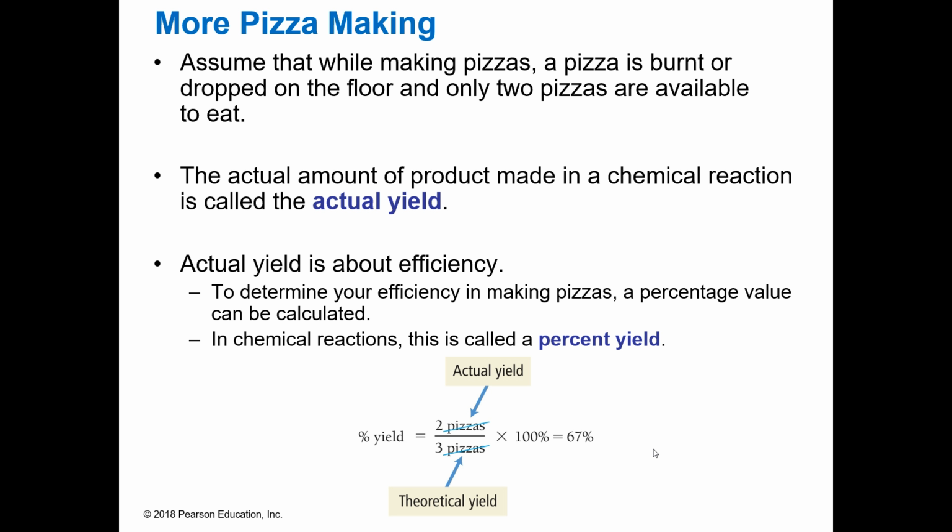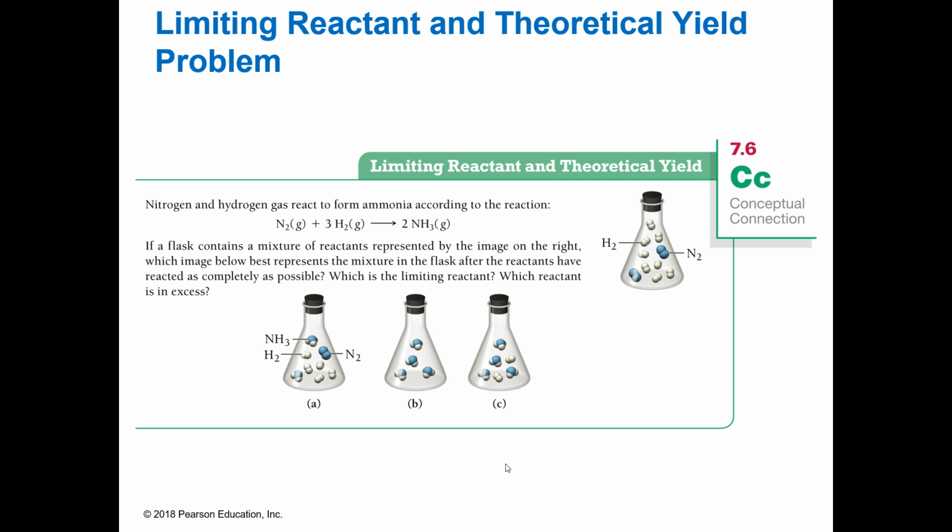Then we are going to calculate something called the percent yield. The percent yield is the actual yield divided by the theoretical yield. So it tells us what percentage we made based on how much we could make. Percent yield is actual yield divided by theoretical yield times 100.